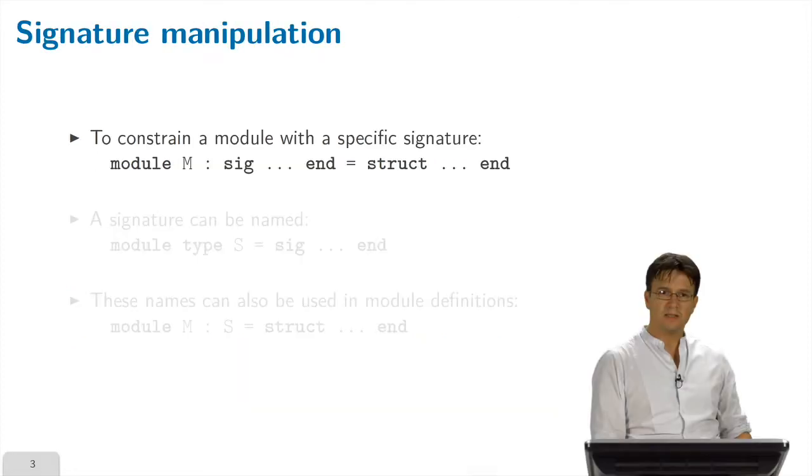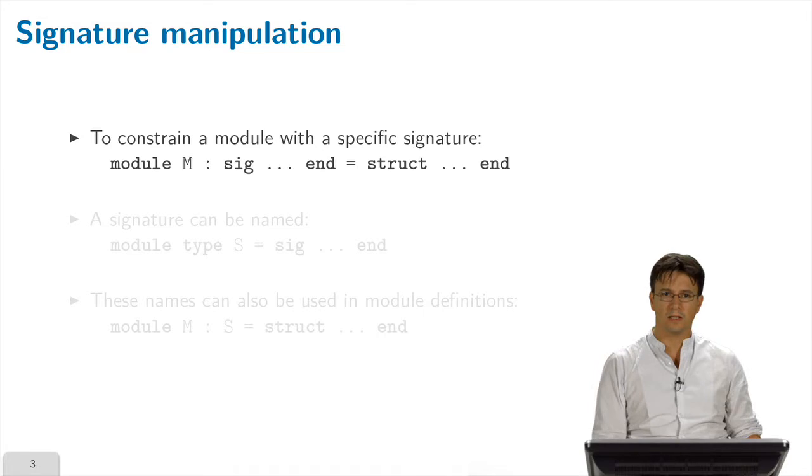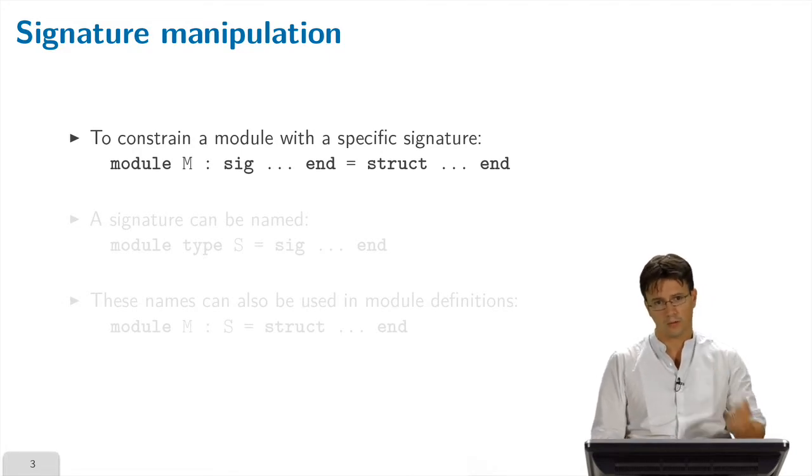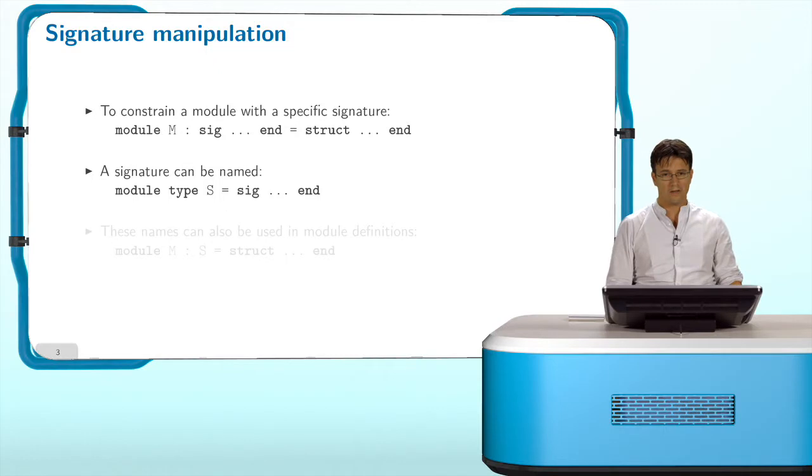So the syntax to assign a signature to a module is the following one. You use the keyword module, M, like in a standard module definition, colon, and just after the colon, you write the signature you want to assign to this module. In fact, you can name a signature so that you don't have to rewrite it if you have to write it several times.